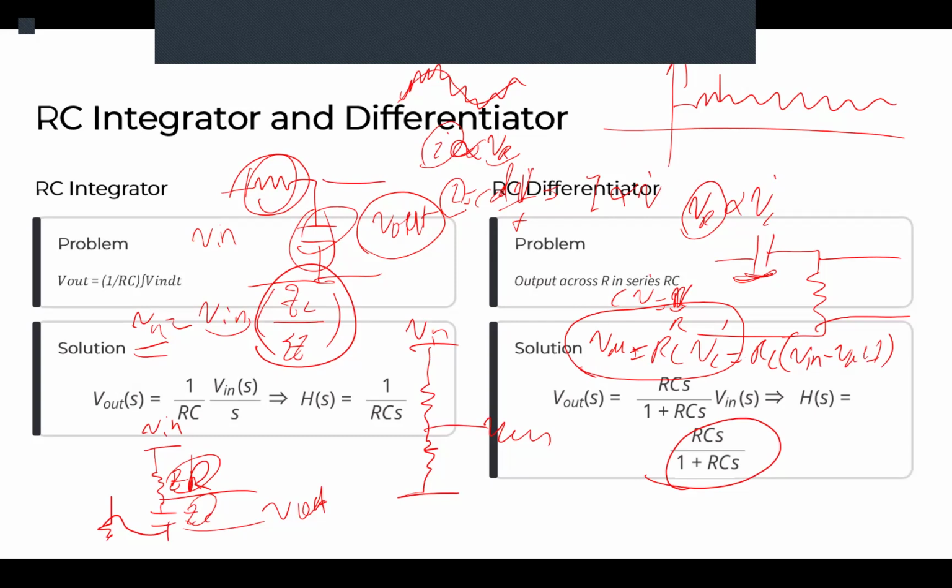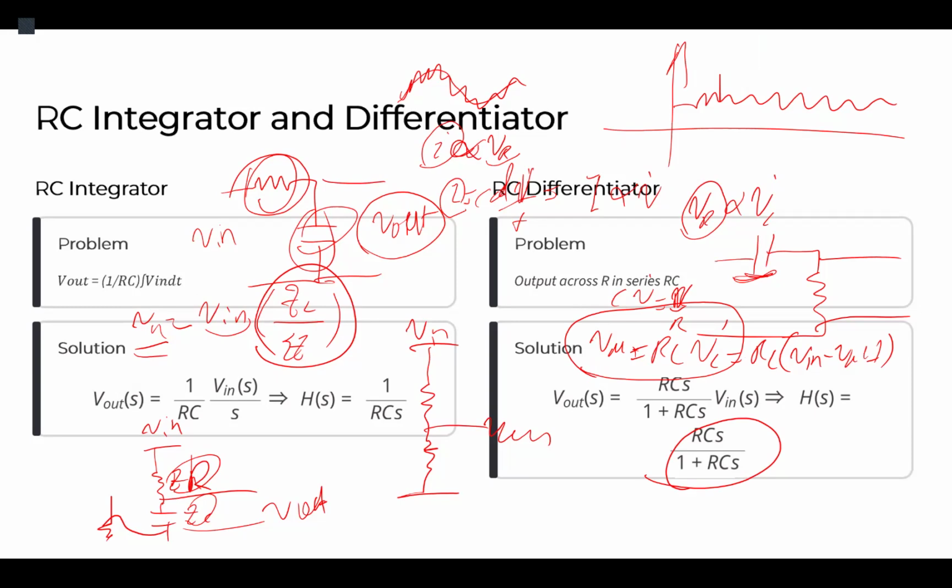Does that make sense? So when you want to have the differentiator, you have the same RC in series, but now the output is the voltage across the R. Is that okay for you guys? Are we good on that?